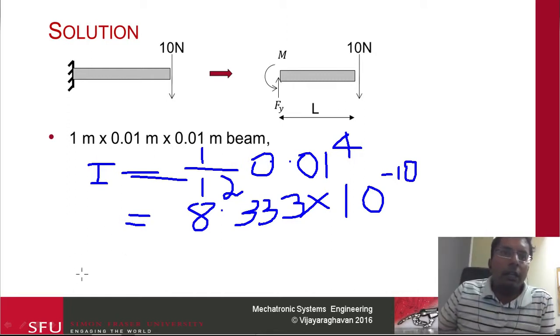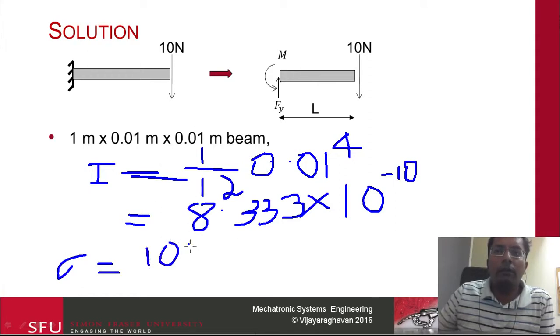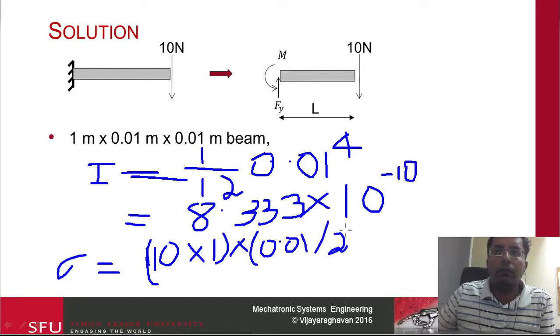Then we can calculate the sigma max, which is M, 10 times 1, and then we multiply this by h over 2, and then we divide this by this I value that we get here.